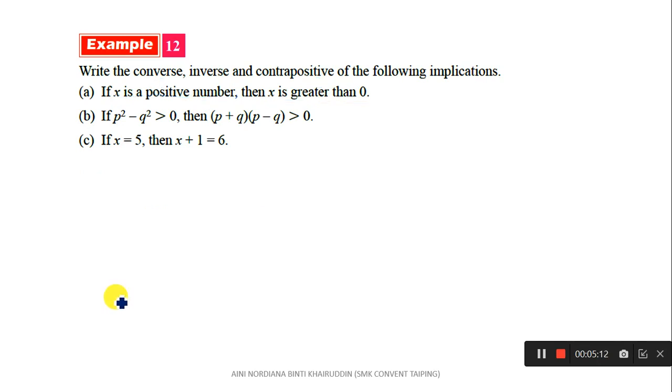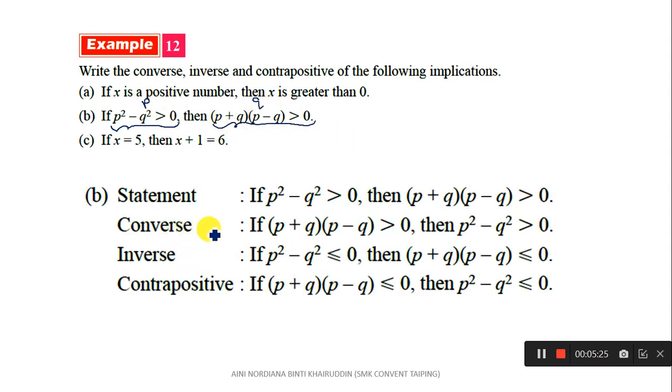Have a look at example B. The statement, this is P and this is Q. For converse, just change the position of P and Q, so we put the Q first, then the P. For inverse, we negate the statement.